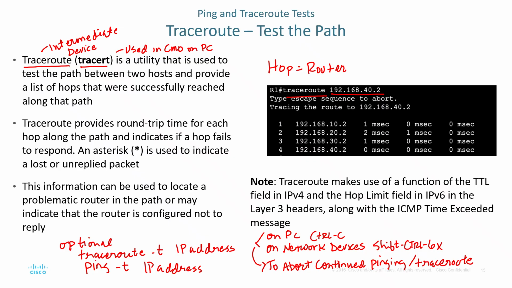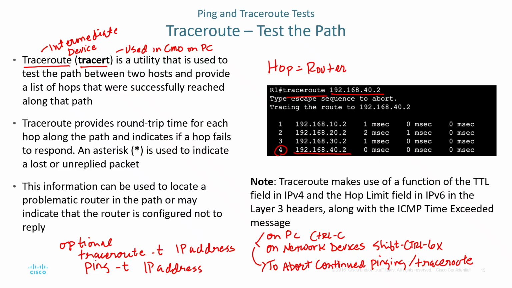And my last indication here is I actually reached it right there. If, however, there was loss anywhere along the line, you would just get a continual asterisk. This information can then be used to locate a problematic router in the path or may indicate that the router is configured not to reply.